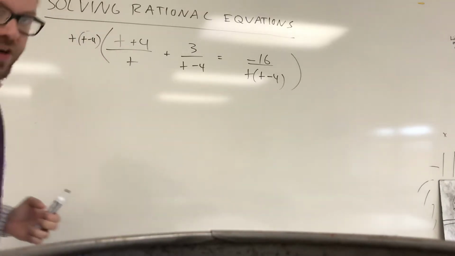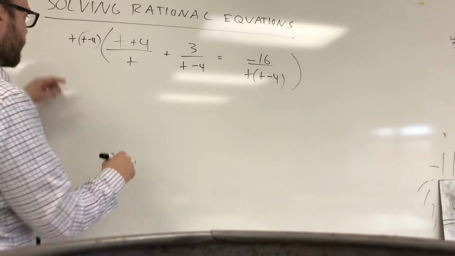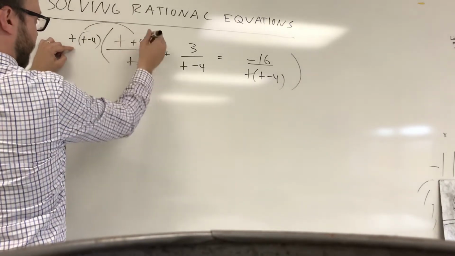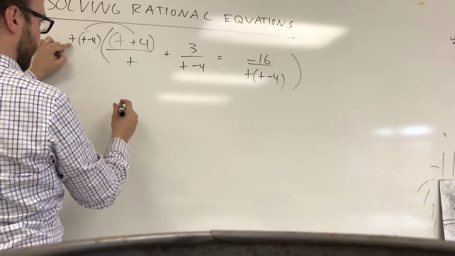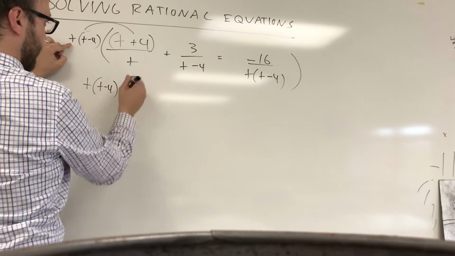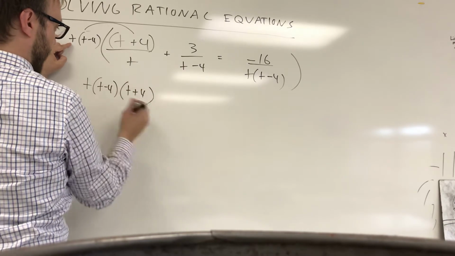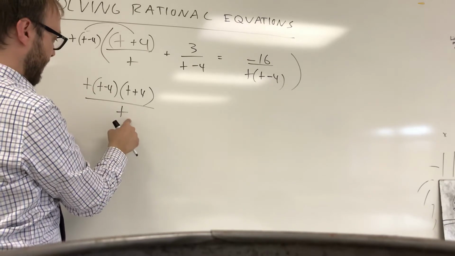So look at what happens, though. Some really nice simplification is going to happen here. So if I multiply this first t plus 4 times t minus 4, I would have a t times t minus 4 times a t plus 4, and it would all be over t. And notice, I've got a factor of t in the numerator and denominator.